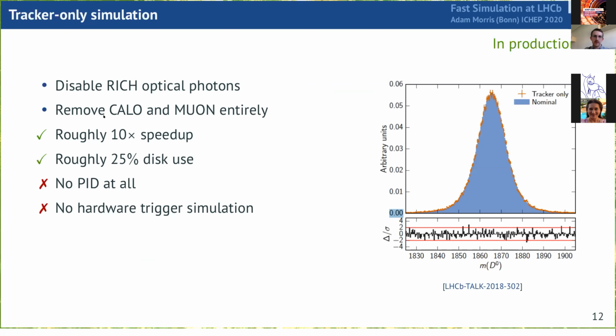This gives you a roughly 10 times speed up and uses a quarter of the disk space, but you have no particle identification at all. And the hardware level trigger is not simulated, so it's up to you to do this yourself. But we can see that for a similar plot with a similar analysis, it compares very well with the detailed simulation.